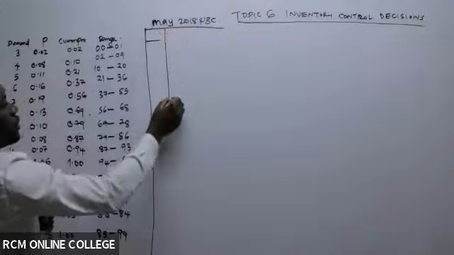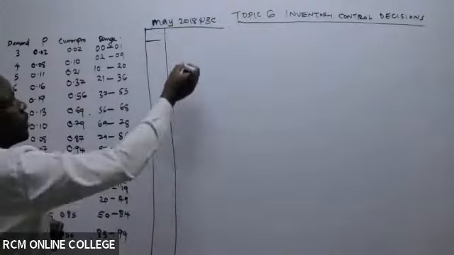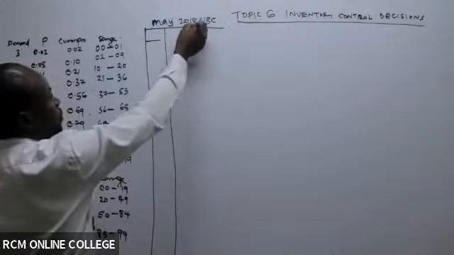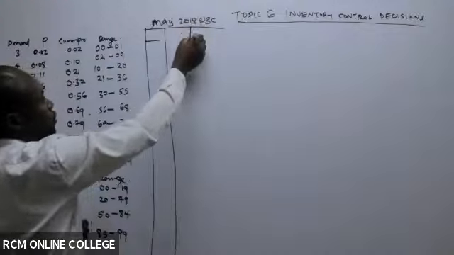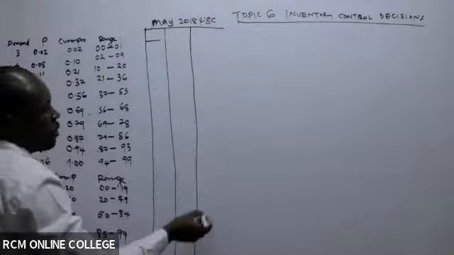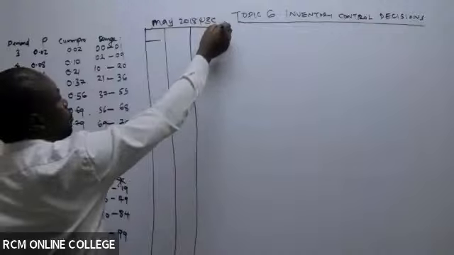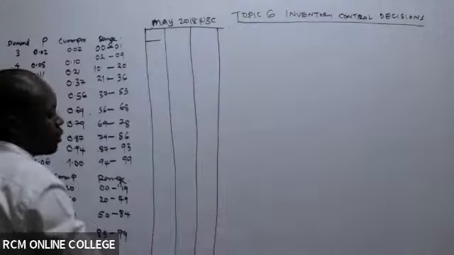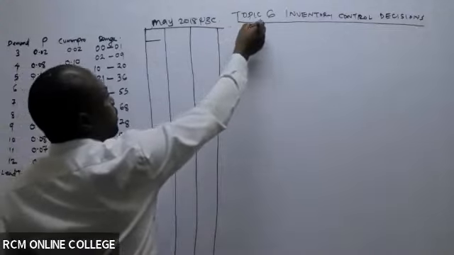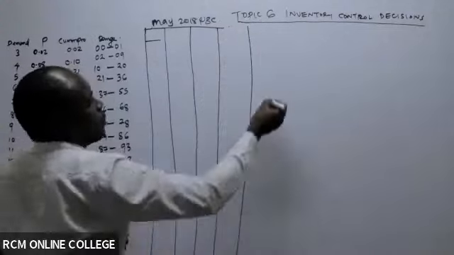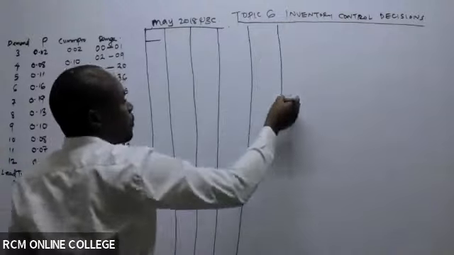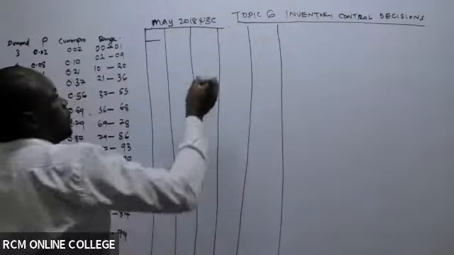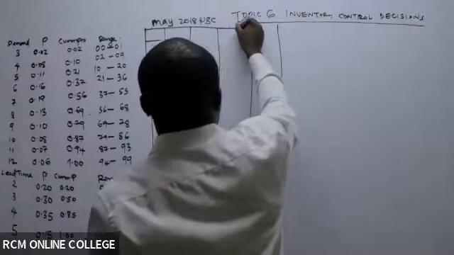Let's start with the days here, then come to random numbers, then go to opening stock, then demand, then closing stock. Let's have that in place.